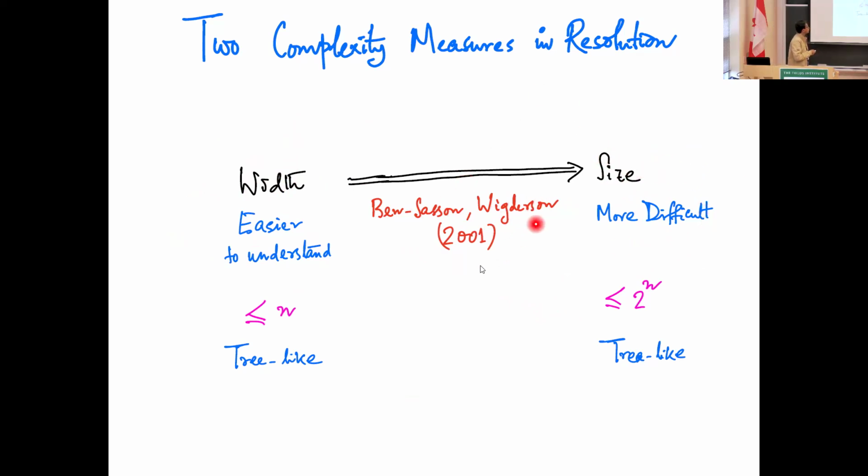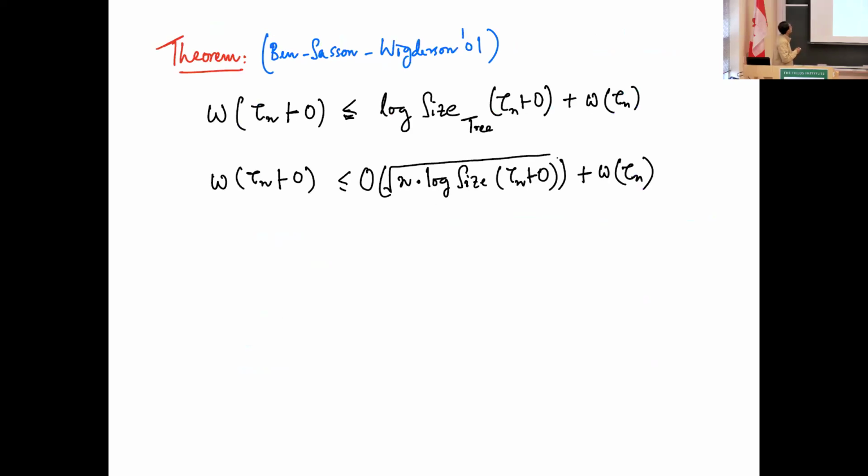But then Ben-Sasson and Wigderson in 2001 proved a very nice connection between the two, which says that if you prove lower bounds on width, that's sufficient to prove lower bounds on size. In particular, they showed this relationship.